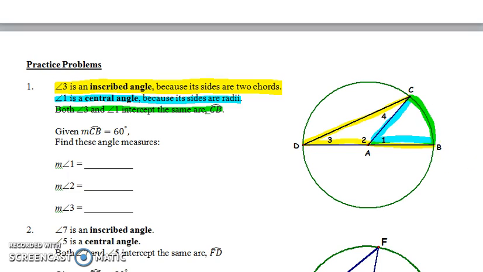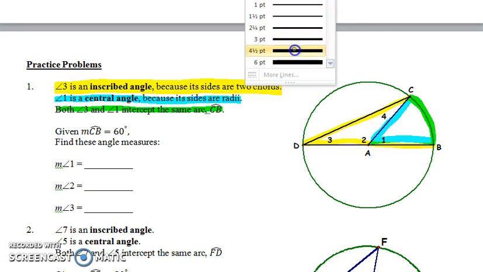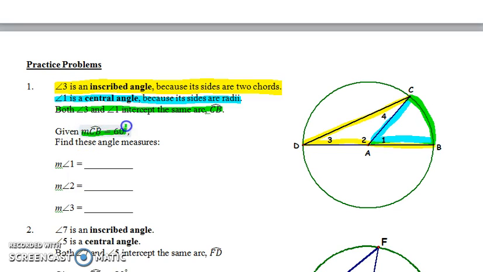So we're given that the measurement of arc CB is 60 degrees, and they want us to find the following measurements. Again, the measurement of arc CB is 60 degrees. Then we need to find the measurement of these angles. If the measurement of the arc CB is 60 degrees, we know that the measurement of the central angle that intercepts it will be the same exact measurement.